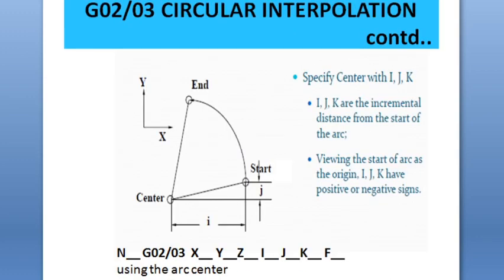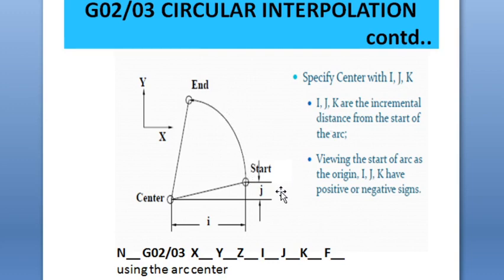This is circular interpolation using the center of the arc. I, J, K are the incremental distance from the starting point of the arc. It is the starting point of the arc. The arc can be produced from this point to this point.